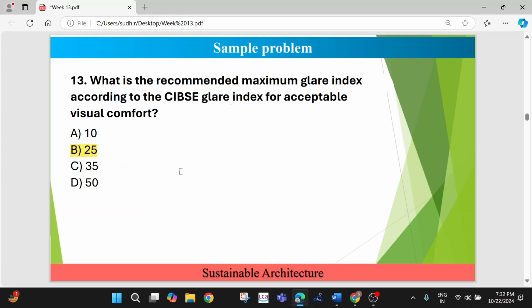Higher values than this, whether 35 or 50, if you are choosing these answers, then values higher than 25 will lead to discomfort or reduced productivity. It might be causing you glare and high intensity, so it may discomfort you or reduce your performance. That's why up to 25 is suggested. Can we move to the next question?